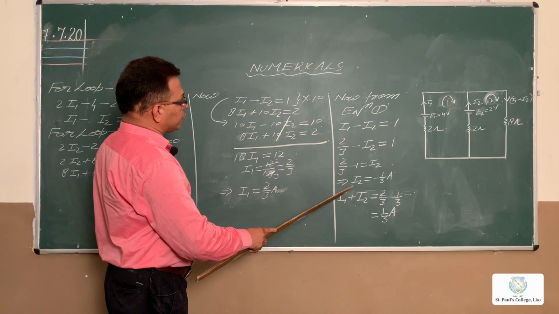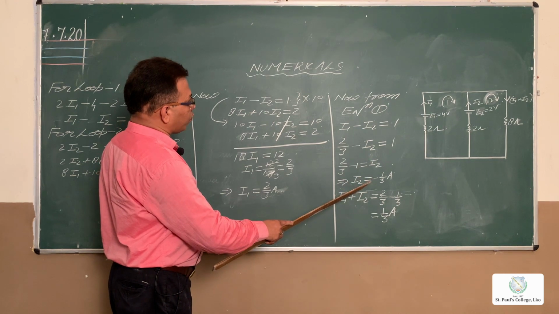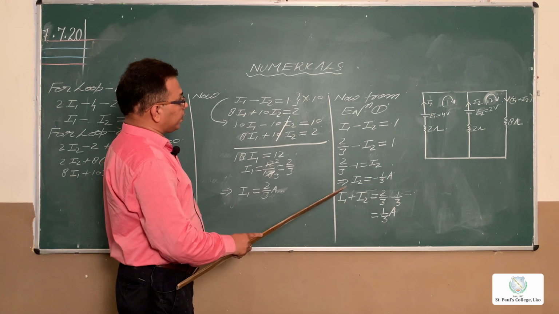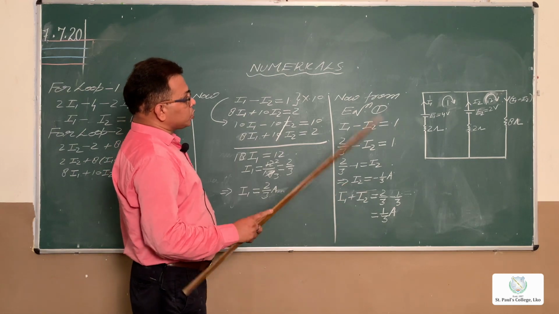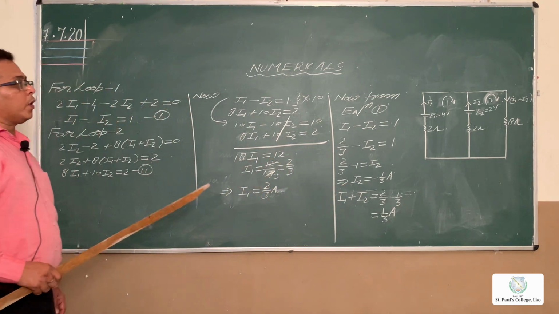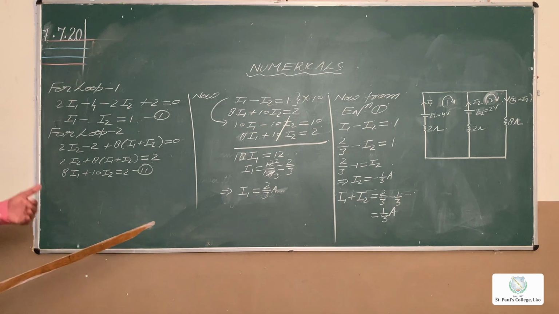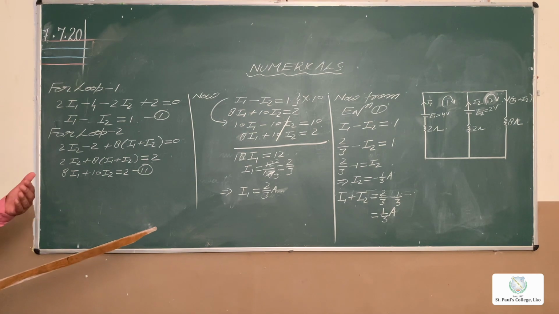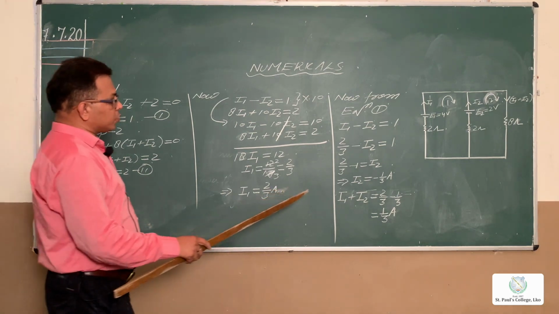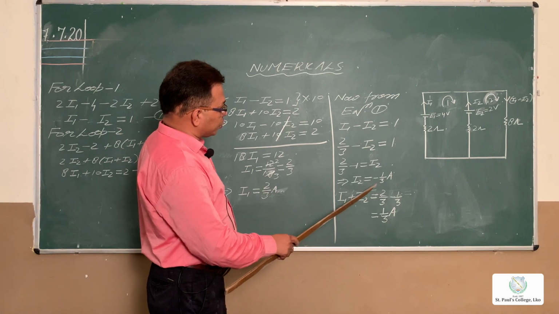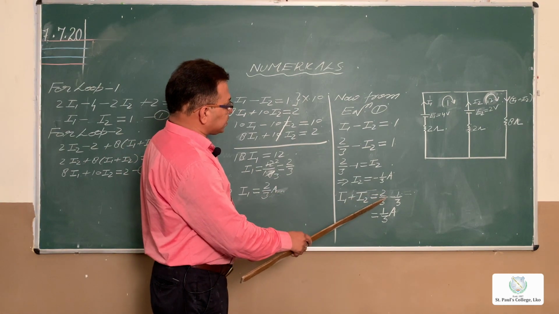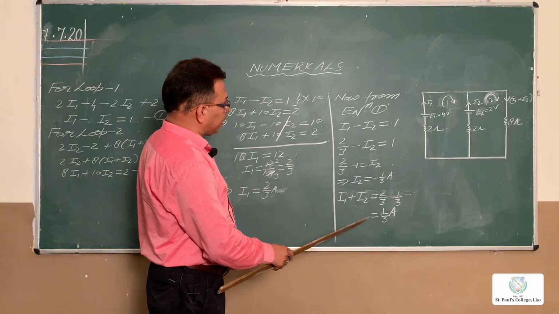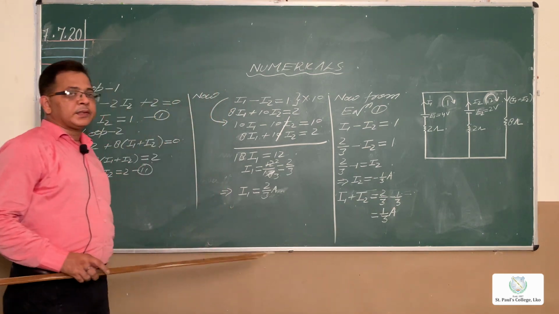So I2 is equal to minus 1 by 3. Then you can also find in this question the value of I1 plus I2, or we can say I3, is equal to 2 by 3 minus 1 by 3. You will solve and get 1 by 3 ampere.